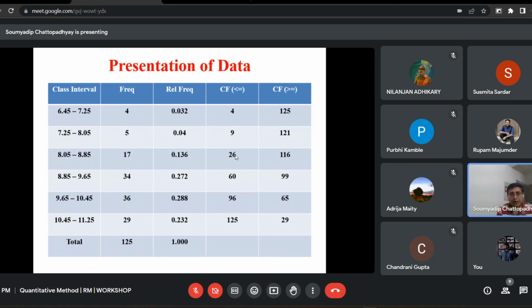That is how you can interpret the different figures in a frequency distribution of a variable which is continuous in nature.